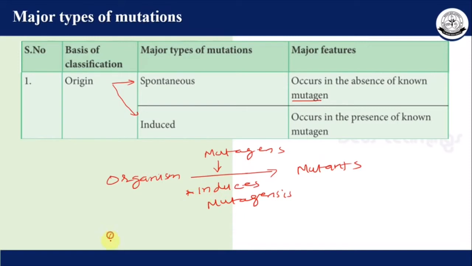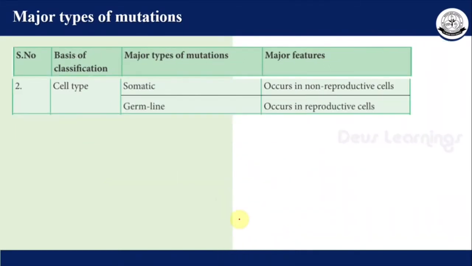In spontaneous mutation, there is an organism, and by some reason they become mutants. So here there are no mutagens. Right? Okay.